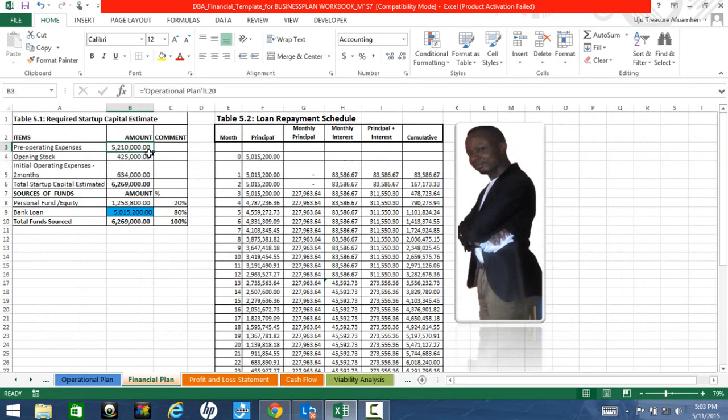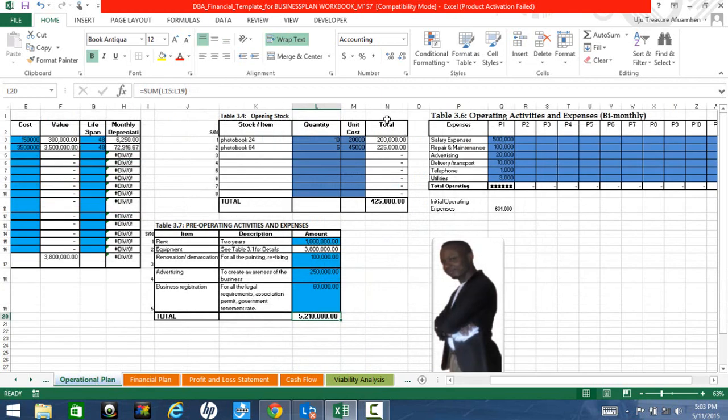Now for the opening stock, this value also came from the operational plan sheet and it's coming from a particular cell addressed by N11. So let's come back.